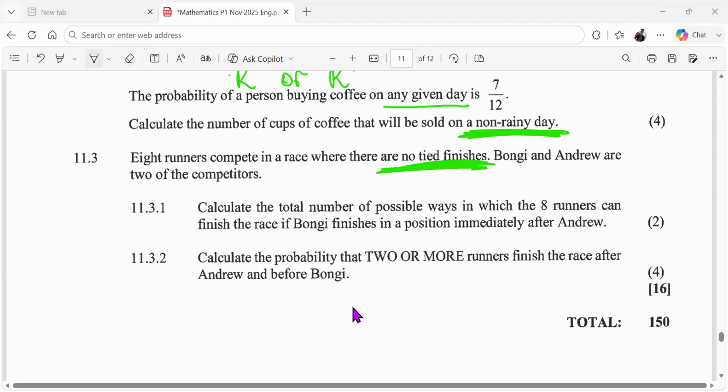Now, 2 or more people finish after Andrew and before Bongi. So this means here we must carefully look at the positions. So this can actually happen in 6 different ways, as you will later discover.